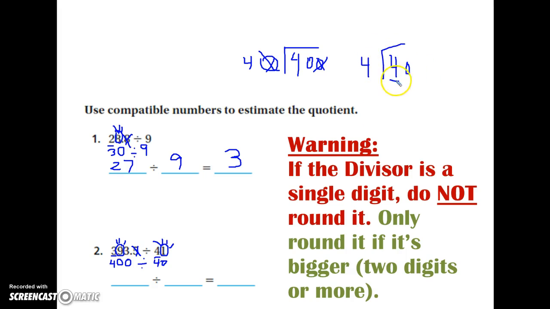No, I don't. This is already divisible. I got lucky. So my dividend is going to be 40, and my divisor is going to be 4. 4 goes into 4 one time, and then I bring up the 0. So my estimate is 10. 393.5 divided by 41 is about 10.